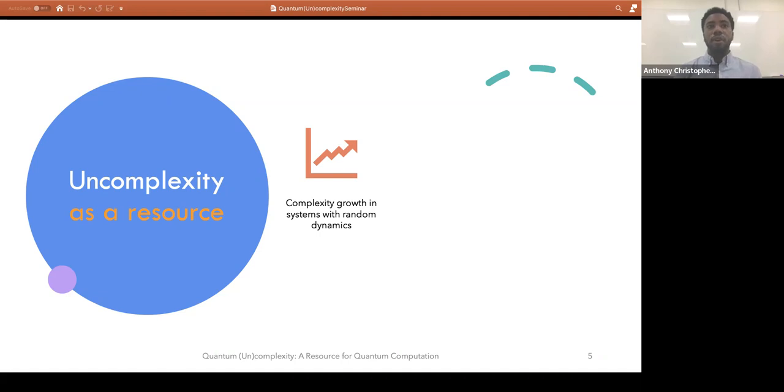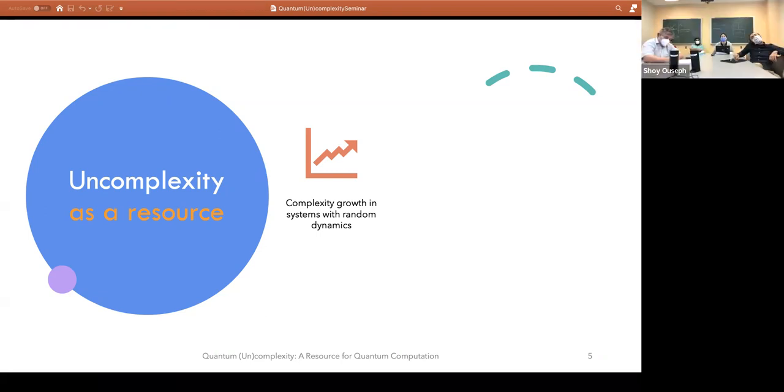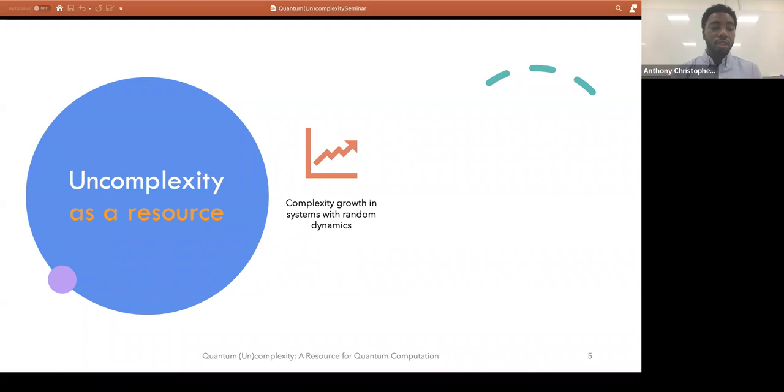That's far longer than most other observables take to thermalize. As a result, we can think of complexity saturation as a late stage of quantum thermalization. And in that sense, complexity is a good parameter to track the evolution of such systems across time.